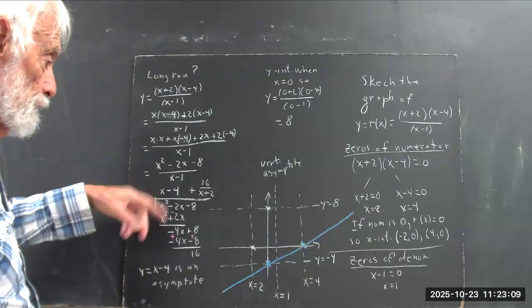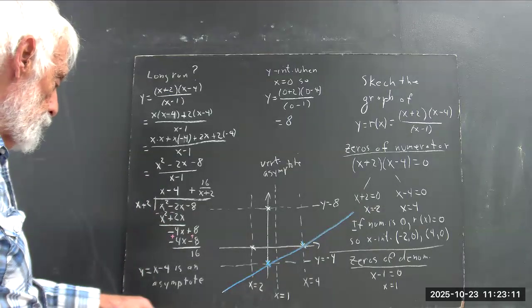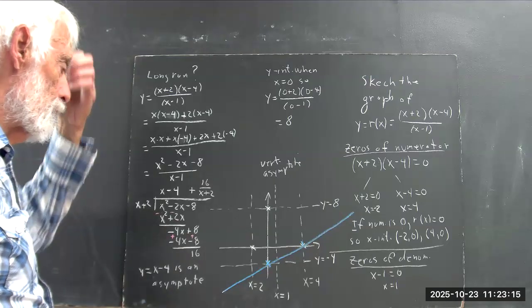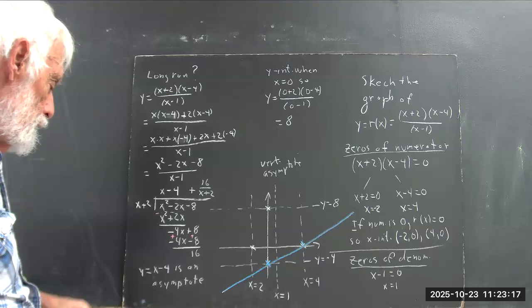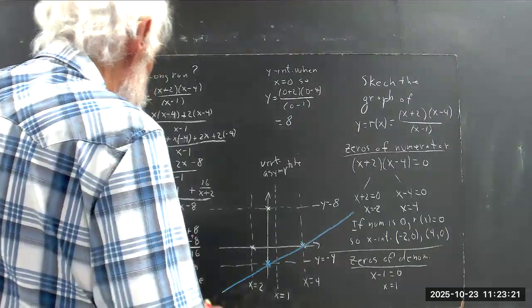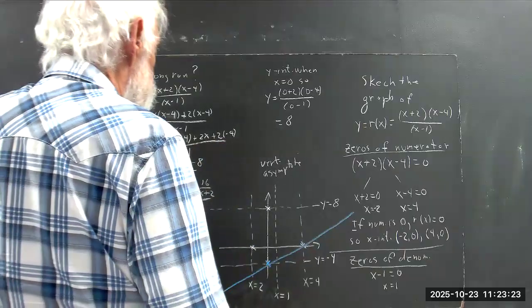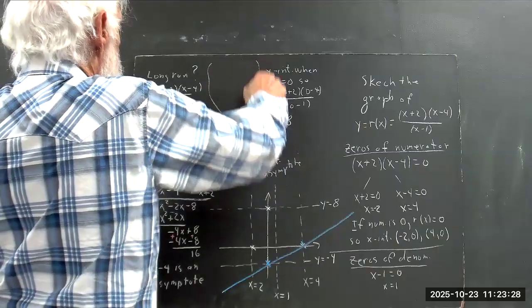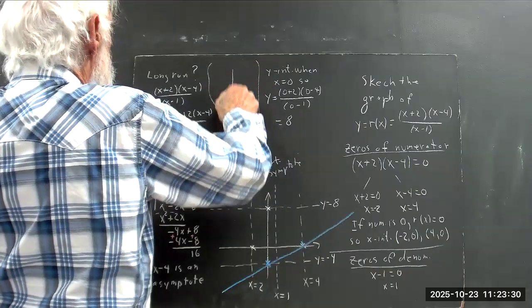I didn't know what this quotient was going to come out. Okay, so what we know is that if we zoom out, I have a good place to draw that, but I'll insert it up here.